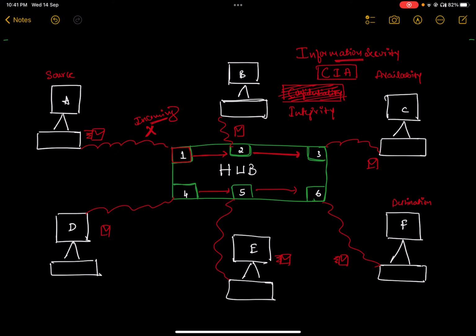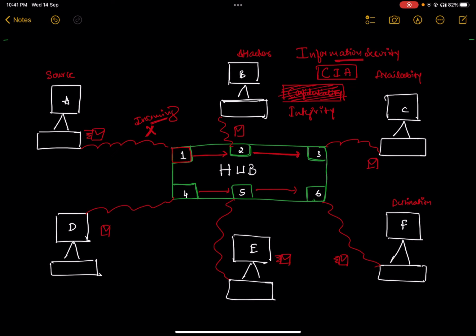Now let's talk about integrity. Is it violated in this scenario? I would say it can be violated to a certain extent. So now understand how it can be violated. Assume that B is an attacker, who is also connected to the hub and sitting between A and F, because those are the source and destination.